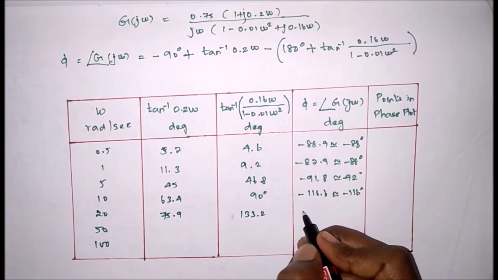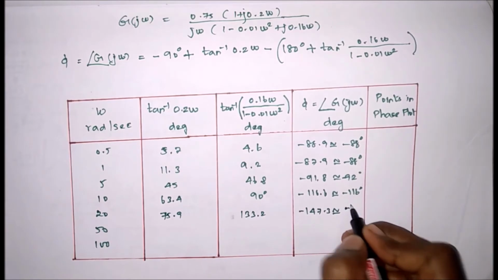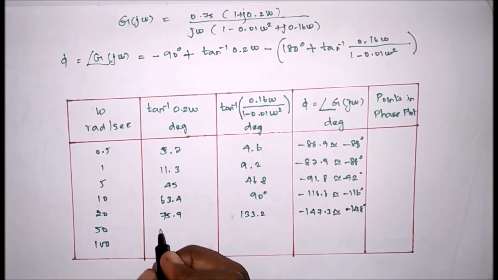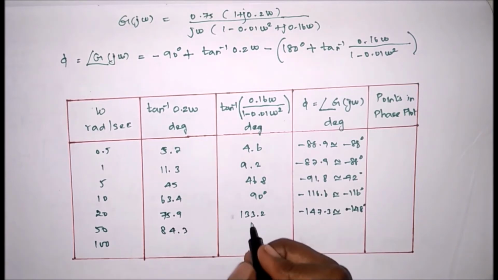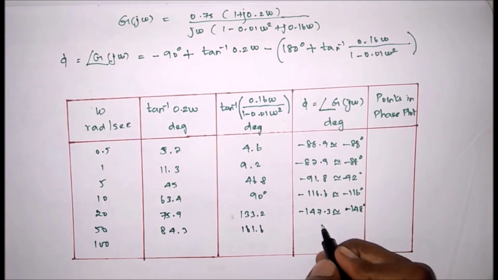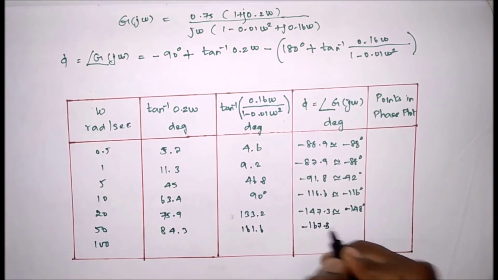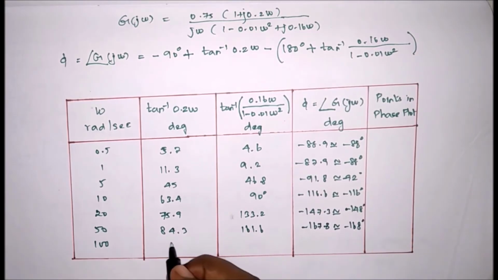So approximately here we will get minus 147.3, which is equal to minus 148 degree. Then for 50, we will get 84.3. Here we will get 161.6. So we will get minus 167.3, approximately equal to minus 168 degree.